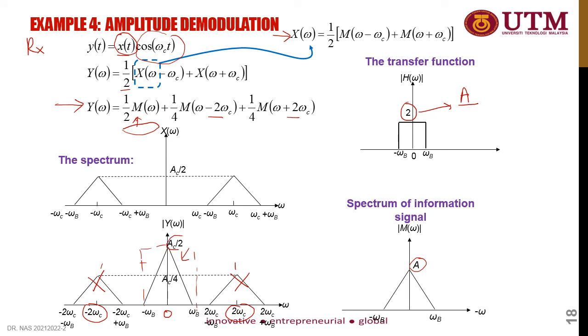The input of the low pass filter has the magnitude of AC divided by 2. This is supposed to be AC as well, or you can just simplify this into A. So you get the magnitude of the filter as 2, in order to get the amplitude the same as the input signal.